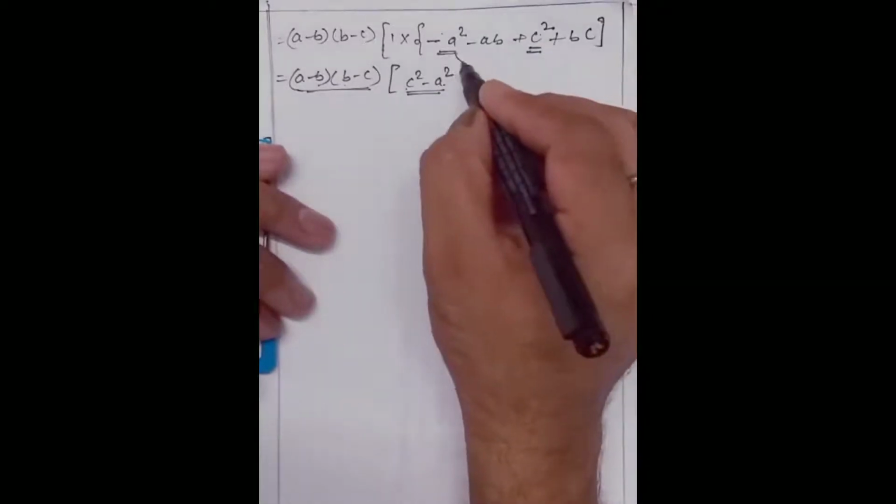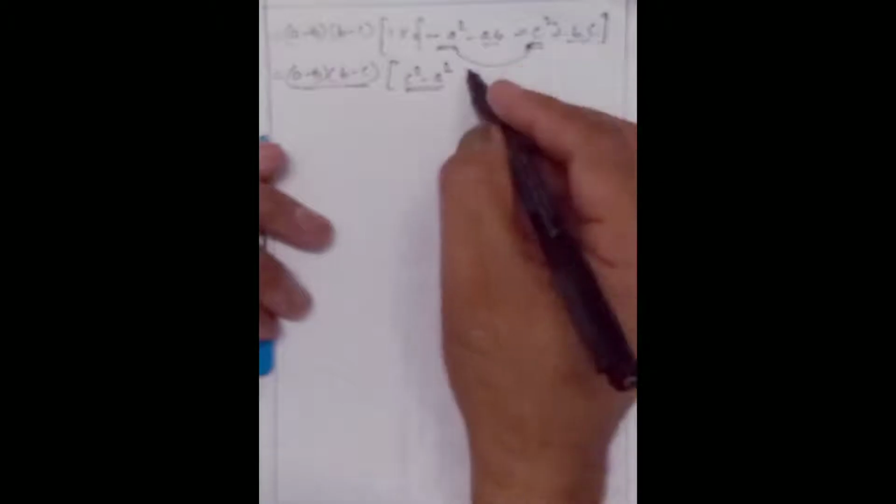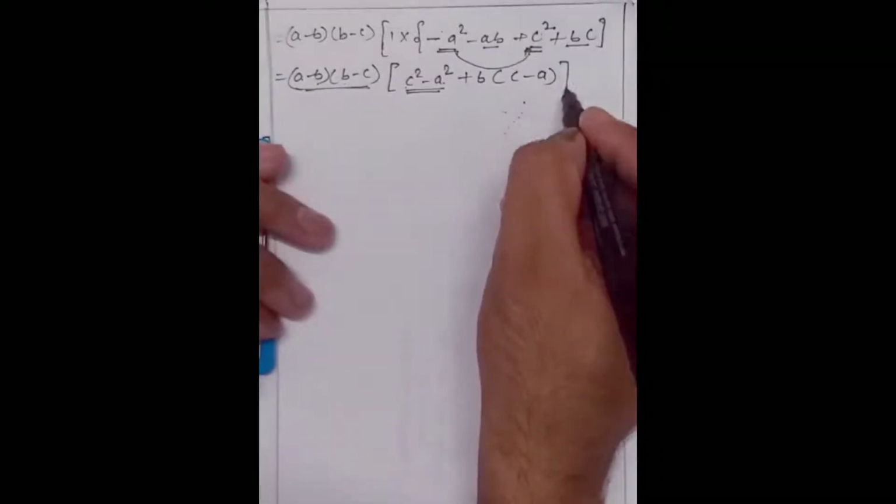So we have connected these two together, and then from these two we will take B common, so plus B is outside, so C minus A inside.